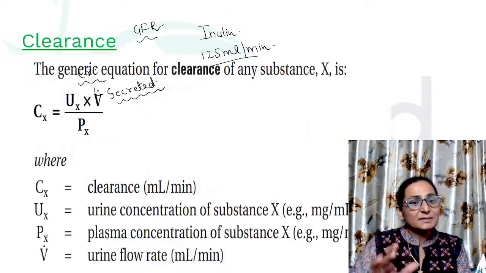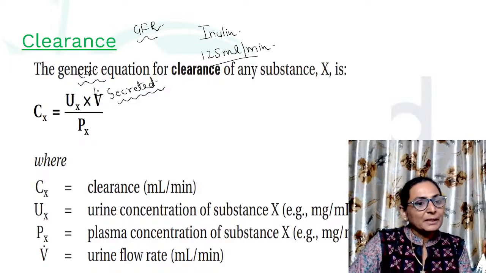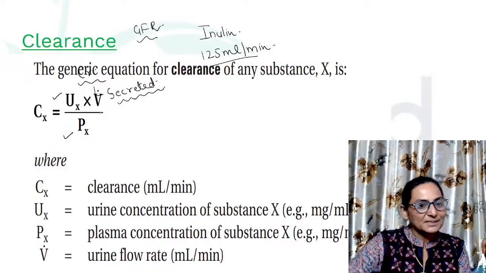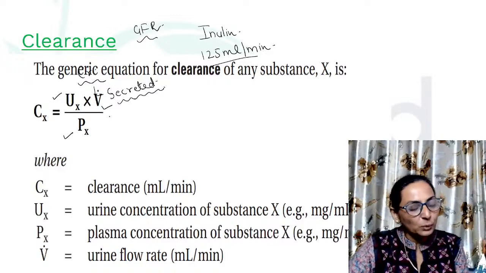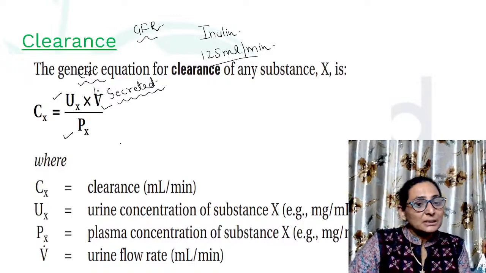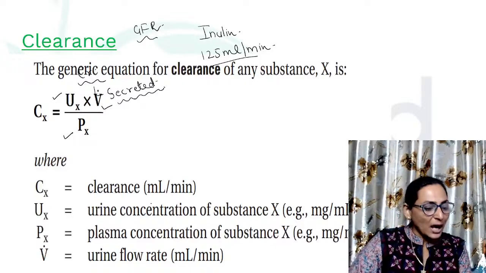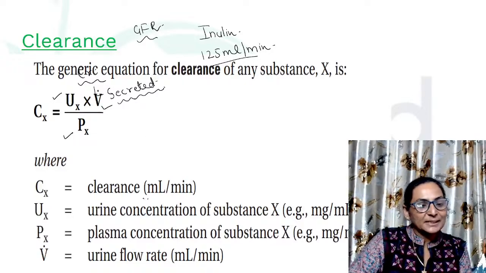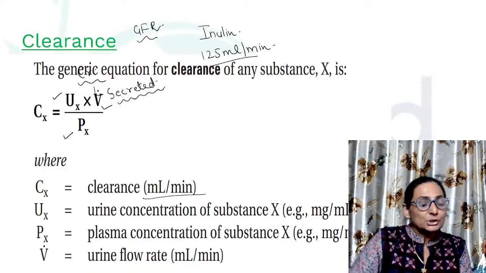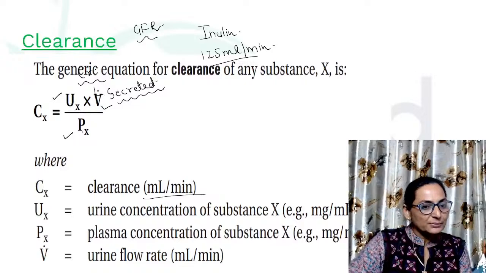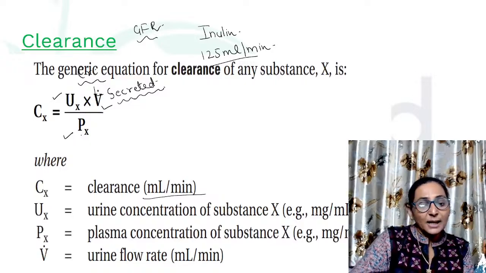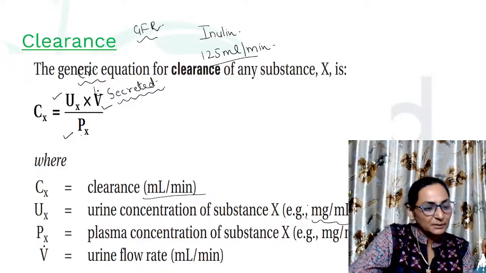Now, this is a very, very important formula. Clearance is urinary concentration of a substance divided by plasma concentration of a substance into V, that is the urine volume rate, urine flow rate. Remember that the clearance का जो आंसर होता है, it always comes in ml per minute. जो वैल्यू यूनिट है x की, मतलब यूरिनरी कॉन्सेंट्रेशन या प्लाज्मा कॉन्सेंट्रेशन, ये हमेशा होती है मिलीग्राम पर ml.